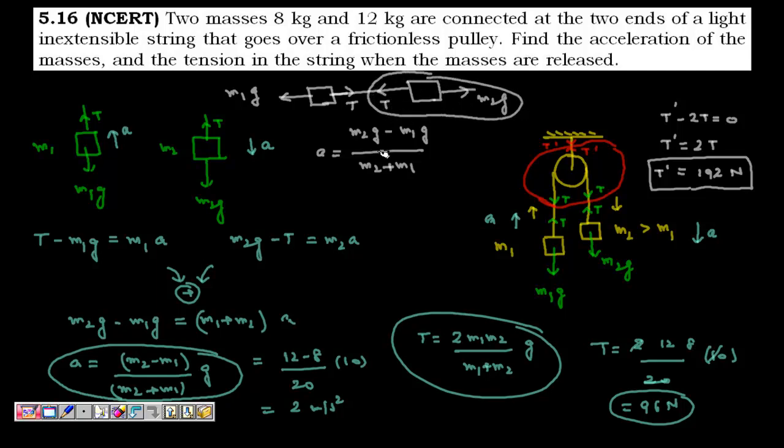Now this acceleration is the common acceleration, and to find the tension you can write m2g minus T is equal to m2 into a. This is m2 and this is m1. So if you solve it, you will get T as m2 into g minus a, and if you put in this value of a, you will get T the same as this result.